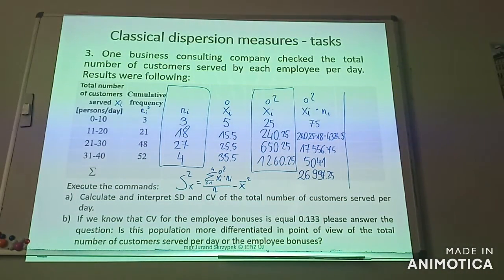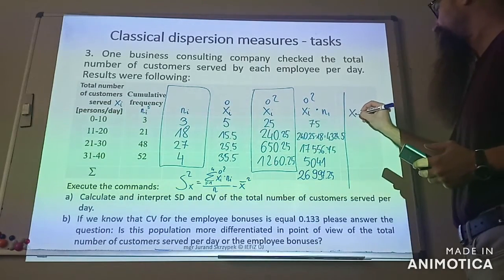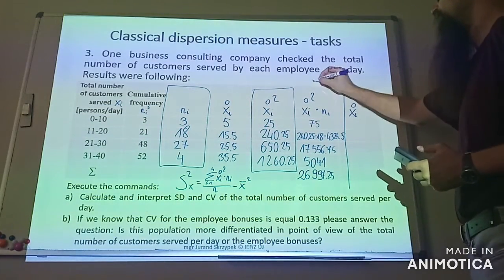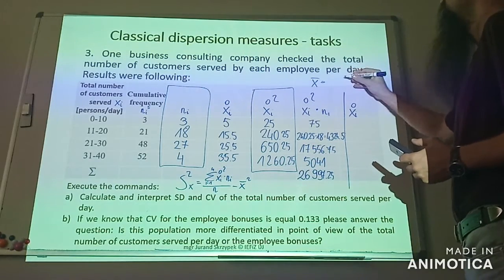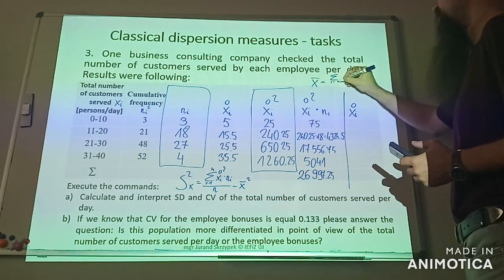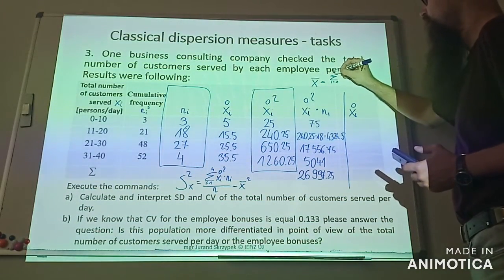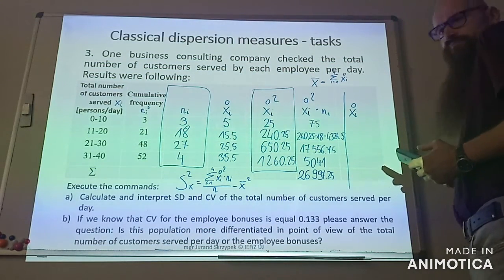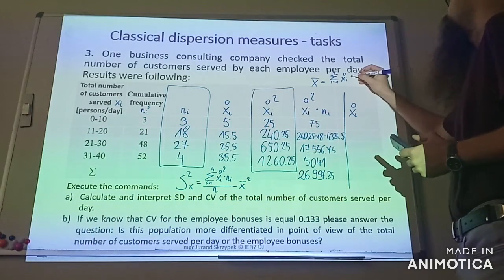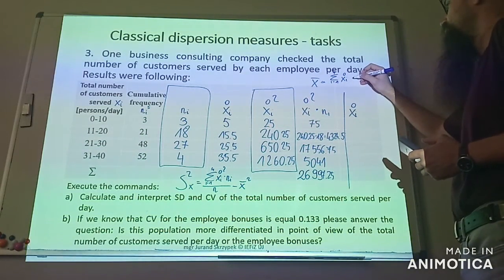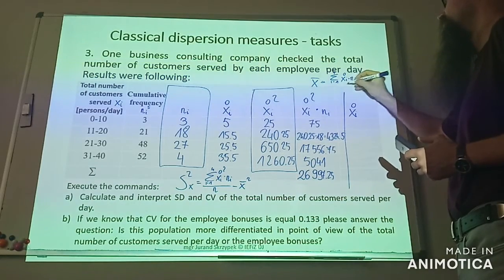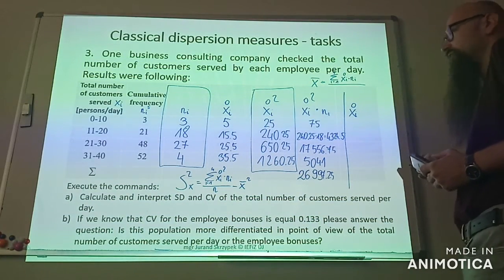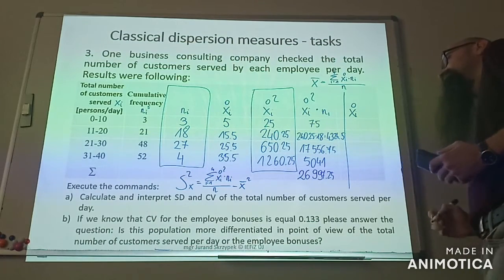I have done it many times. As you remember, in order to compute arithmetic mean, we need the sum from i equal 1 up to 4 of the products between the middle of the classes and the frequencies divided by n.